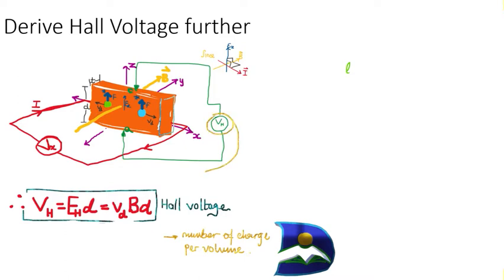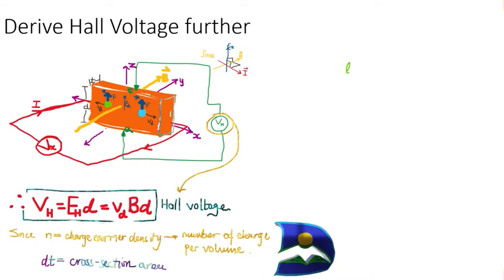Since we can measure our Hall voltage using that expression and then introducing the number of charged particles per volume, which is going to be represented as n, and n is known as the charge carrier density, we also need to consider the cross-section area of that material, which is the width multiplied by the thickness of that particular material.